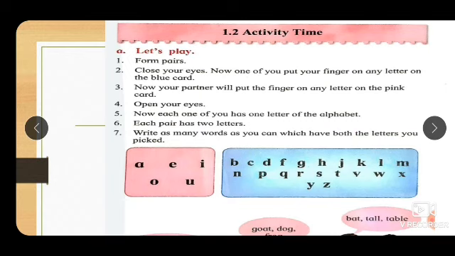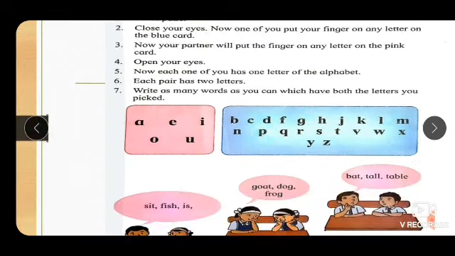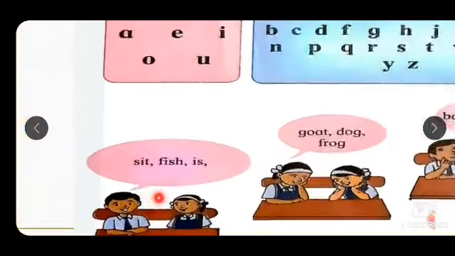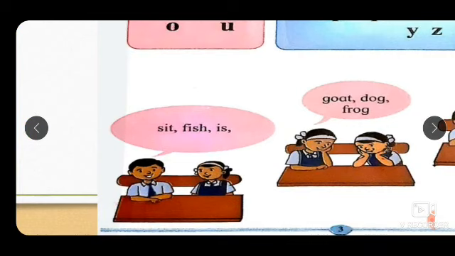So children, you can play this game by forming pairs. In the pink box, 5 letters are vowels. In the blue box, 21 letters are consonant letters. So let's assume in this picture the boy is Rahul and the girl is Priya.